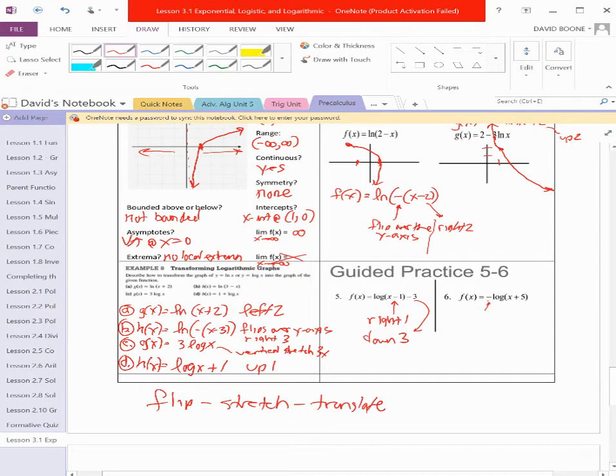That negative part's out front, it's not within the x, so that flips over the x-axis. And anything else is that adjustment inside here by the x, so think opposite. So this would go to the left 5. All right, so a good review there of logarithms.